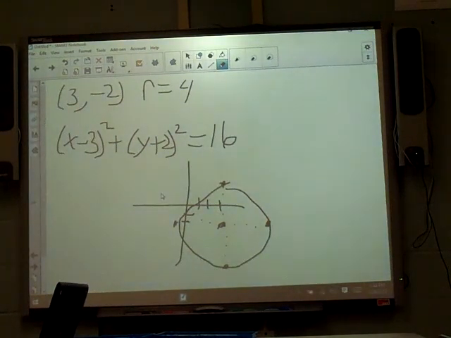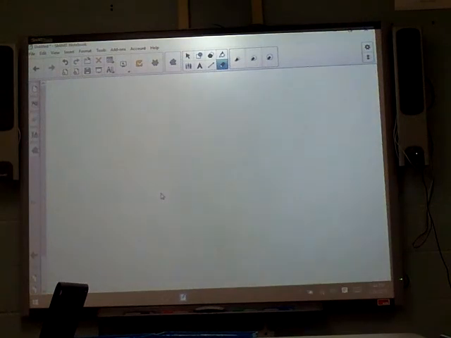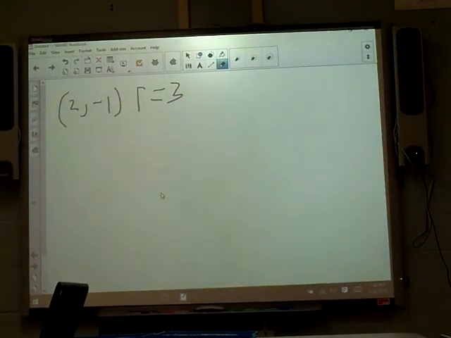Got my. Alright. Let's see what we got here. The center is at 2, -1, and a radius is 3. Okay? Won't take you but a minute to do that. I want you to do the same 2 things. Write the equation for it, and then graph it, and then we'll look at the harder part of this, and then we'll move on to ellipses.